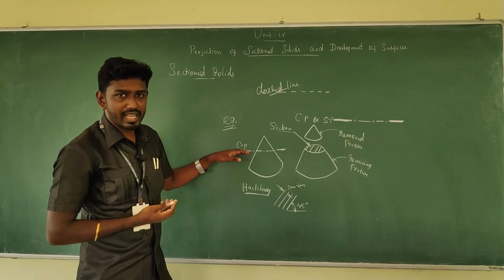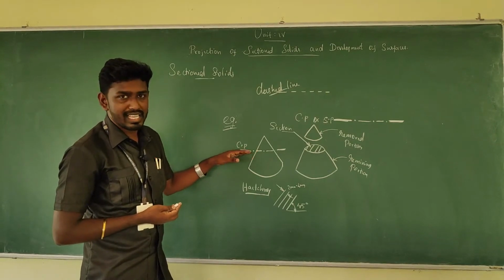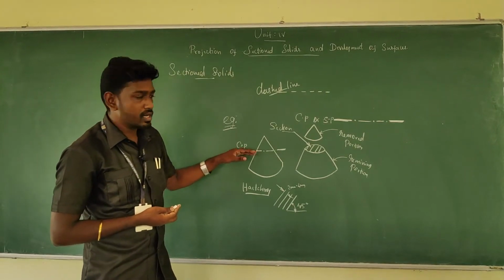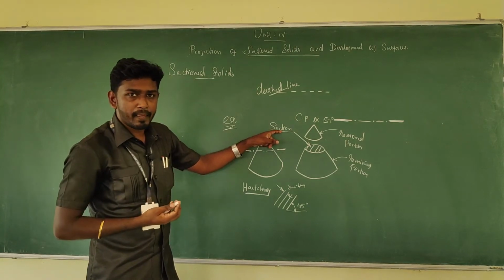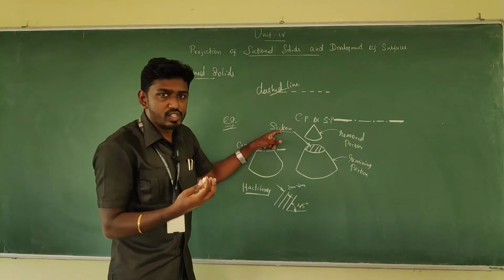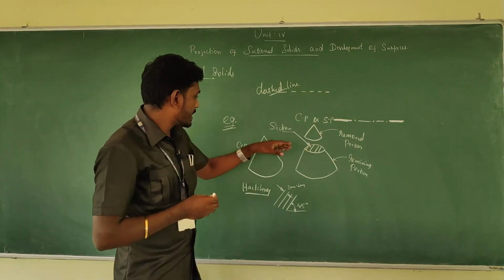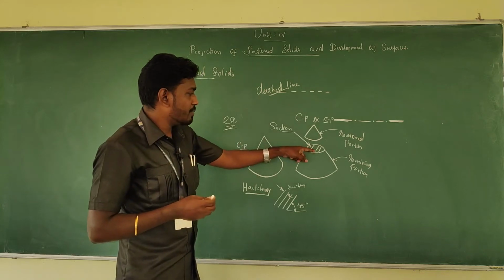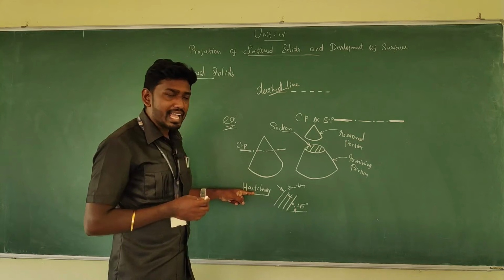It's an imaginary plane used to cut the object. What do you mean by section? It is the surface produced when the object is cut. When the object is cut by the cutting plane, we get the portion which we call a section, noted by hatching.